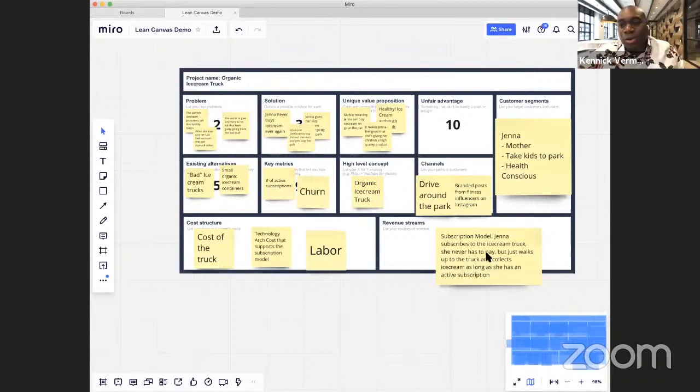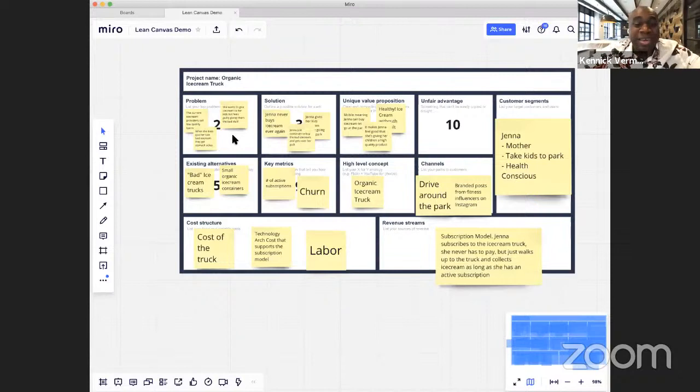Now, we don't necessarily know whether or not having a subscription model style ice cream truck would actually be an unfair advantage. But what we do know is that one of the other problems that we didn't talk about is that Jenna doesn't always carry cash with her. When she hears the ice cream truck and her kids get excited and they're like, Mommy, Mommy, I want ice cream, if she doesn't have cash, guess what?